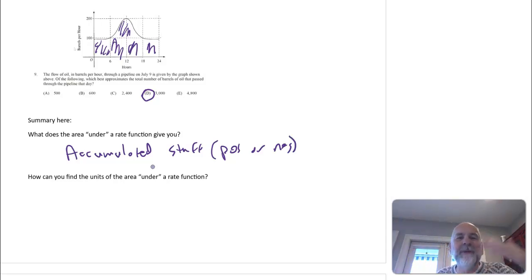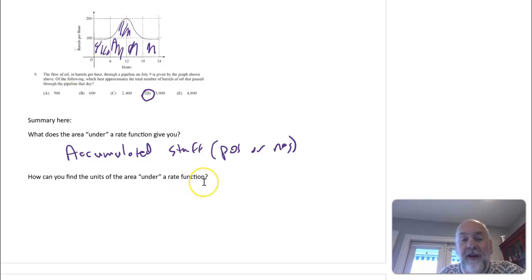So under, people will say under, but they really mean between. And we say area. Technically in geometry, area is always positive, but in this context, in real life context, you can have a negative rate. And so you can have an accumulation that's negative because you're losing something.